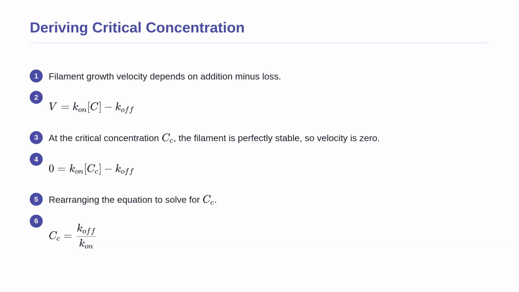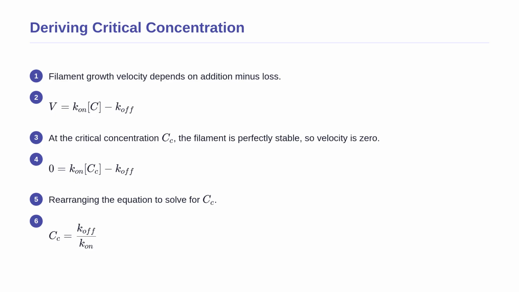Now that we have used this formula successfully, let us understand exactly where it comes from. The critical concentration formula is not just a random fraction. It is derived from the fundamental kinetics of actin polymerization. We start with the velocity equation, which states that the net growth rate, V, equals the rate of pieces attaching minus the rate of pieces falling off.